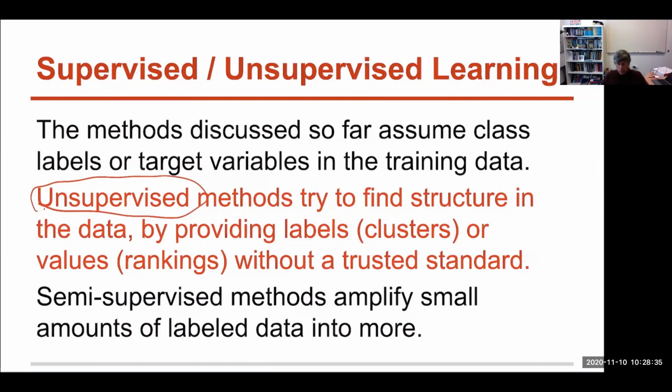Clustering is an unsupervised learning method that provides a label associated with each vertex, namely the name of the cluster it's in. Unsupervised or almost unsupervised methods are very powerful in data science. Often if you want to build a classifier, you may have only a small number of examples labeled by a person in an expensive way in a big giant data set.